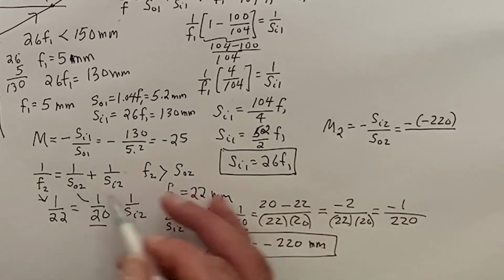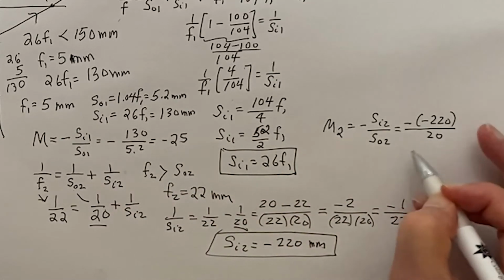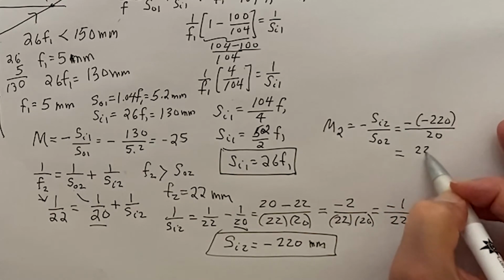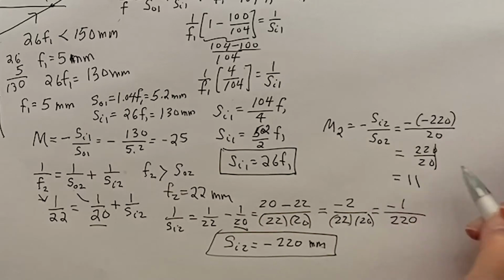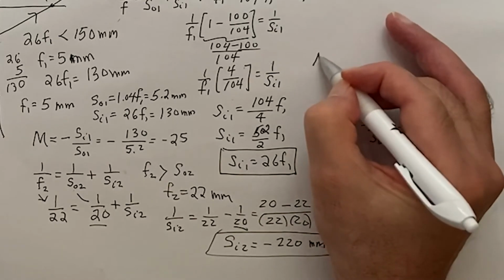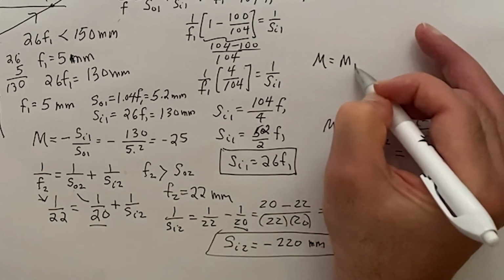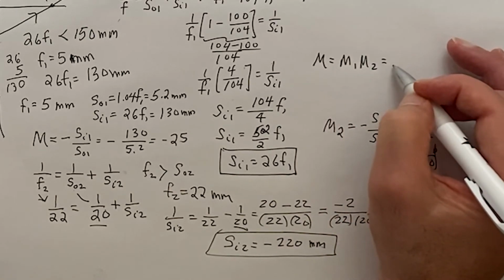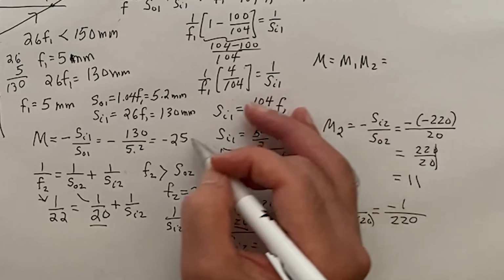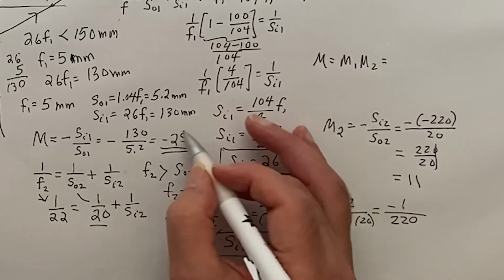So this is going to be 220 over 20, and that's going to be 11. Nice. So the total magnification, which is magnification 1 times magnification 2, the first magnification that we got, minus 25.